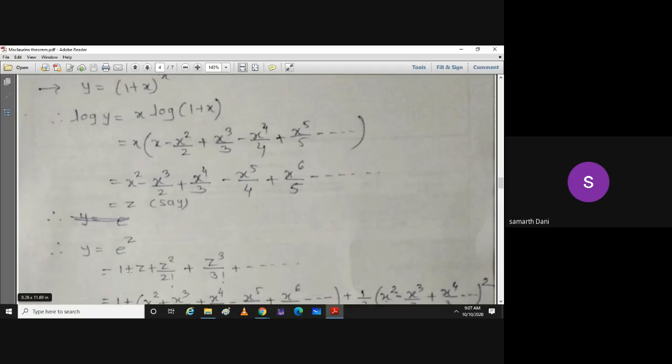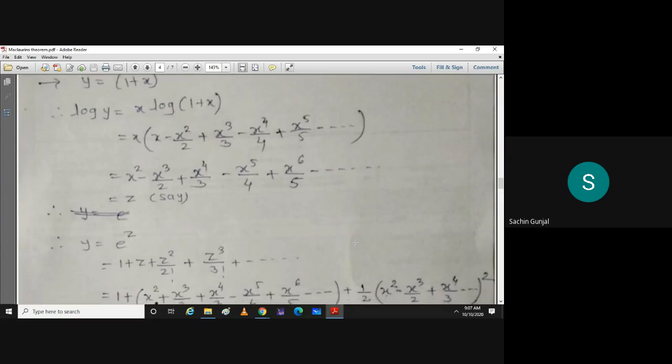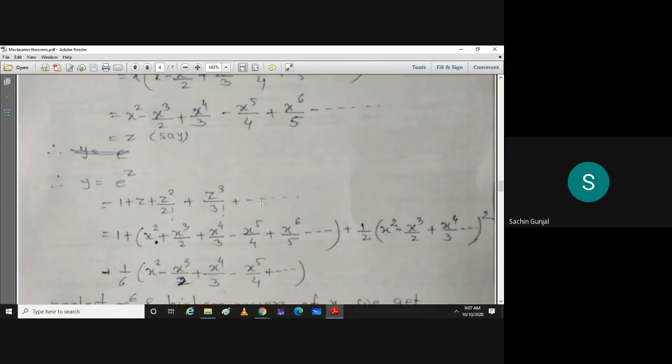Yes, sir. Okay. Now e raised to z, again this is an exponential function whose standard expansion you know. So that is 1 plus z plus z square by 2 factorial plus z cube by 3 factorial and so on. Now you substitute this z.